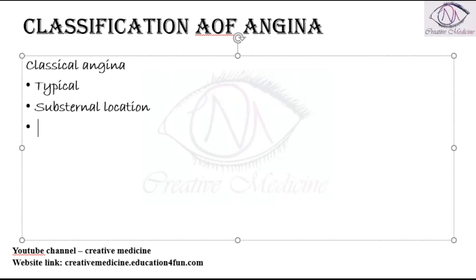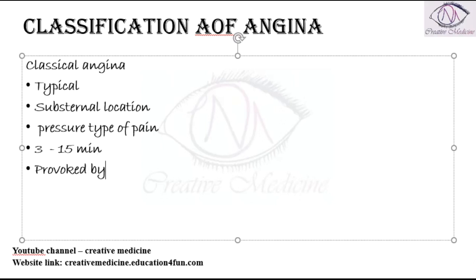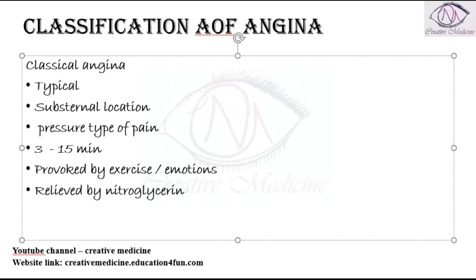A pressure type of pain is seen in classical angina, for a duration of 3 to 15 minutes, and it is most commonly provoked by exercise or by emotional issues, and it is relieved by nitroglycerin or rest. So this is classical angina.